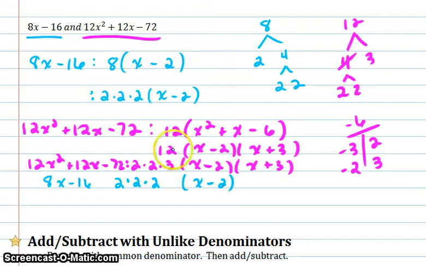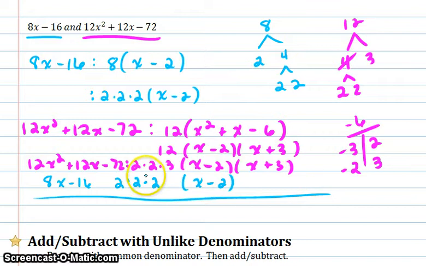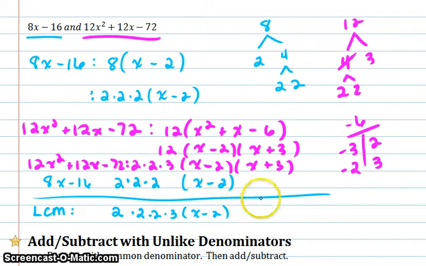Okay, so we're looking at this information right here, and you just write down one copy. Each number gets put in your LCM. Each number is a factor once. So we have a factor of 2, a factor of 2, a factor of 2, 3 is a factor, and then x minus 2 and x plus 3. So that is the least common multiple.